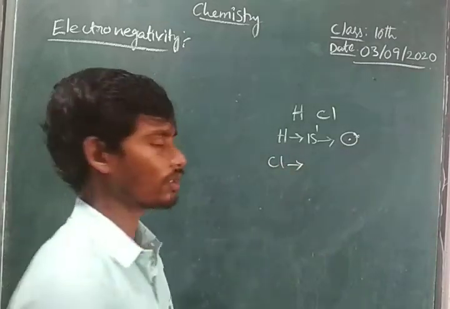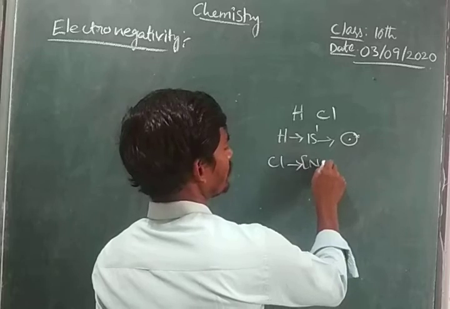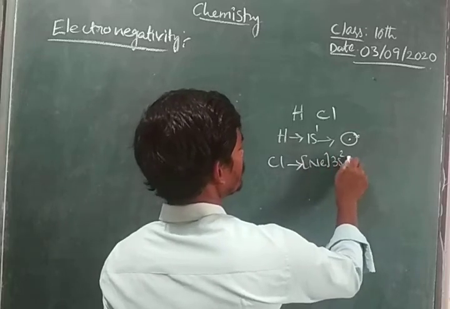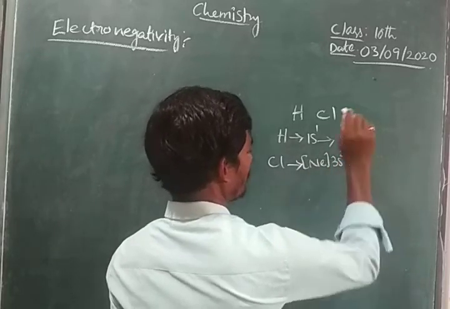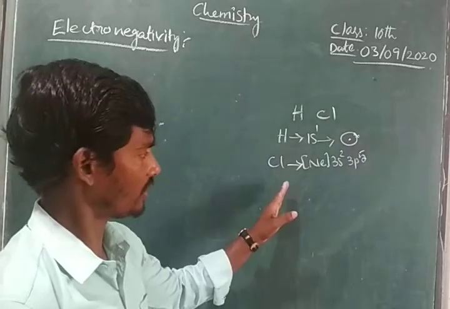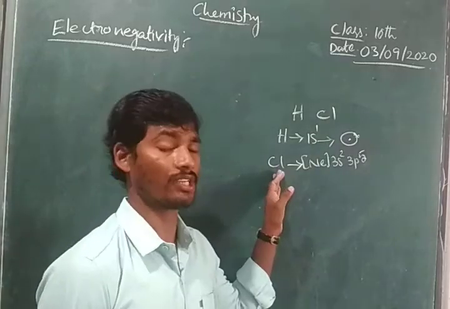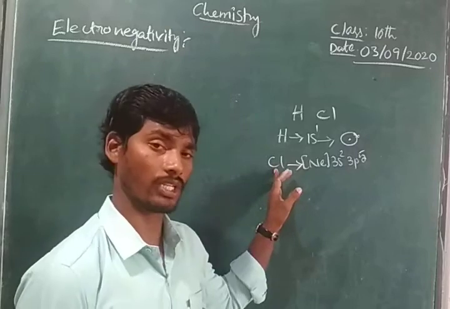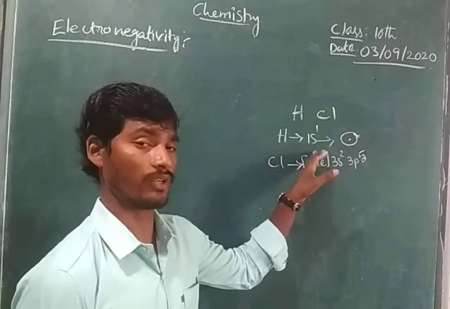Then take chlorine. What is the electronic configuration of chlorine children? Neon 3s2 3p5. To get the nearest noble gas configuration of argon, chlorine requires 1 electron. Hydrogen also requires 1 electron. So how is it possible when both atoms require 1 electron?